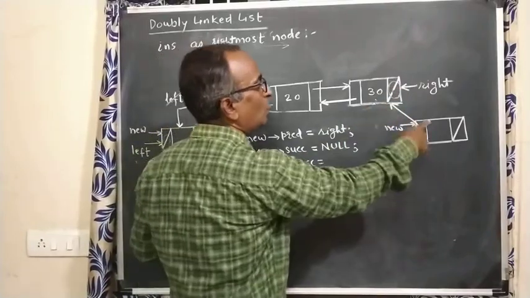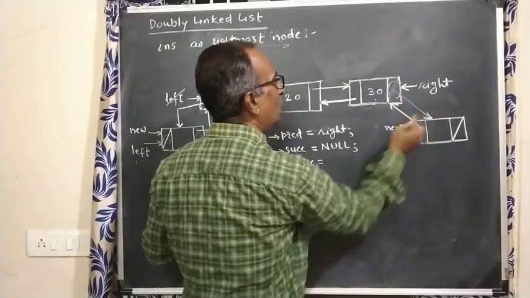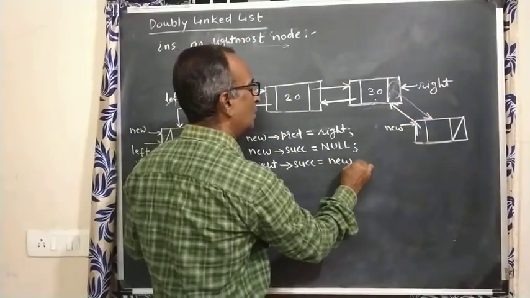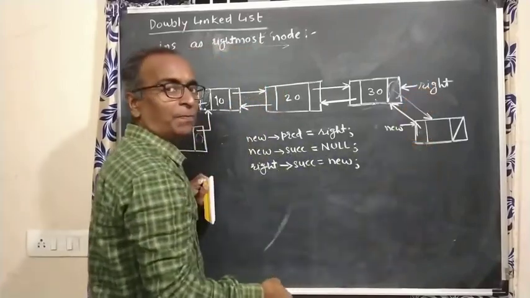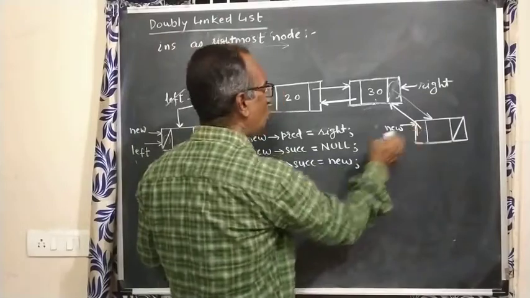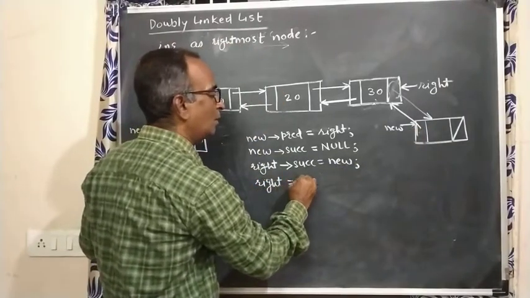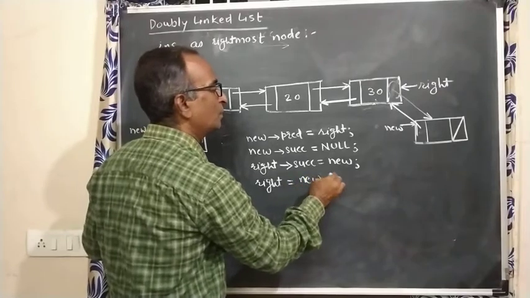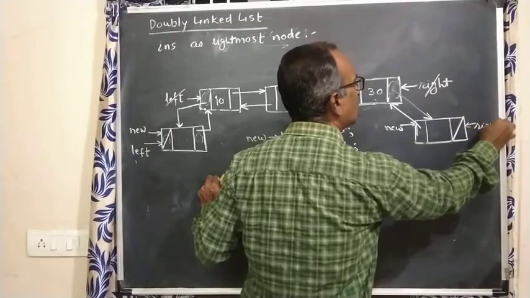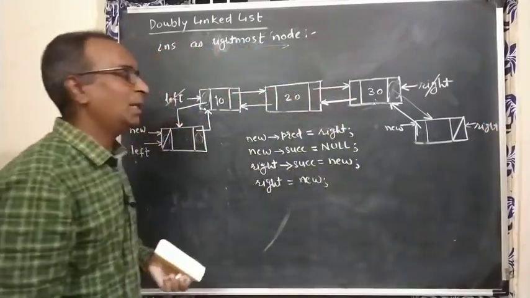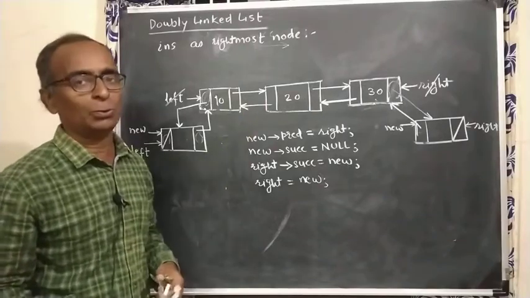Where should it point? To its successor. Successor is this node. So new is given, and after insertion of this node, the rightmost node will be this new node. So right has to be changed. Right will be given the new value. That's it. This right will now point to this. So this way 4 pointers you can adjust for a rightmost node.